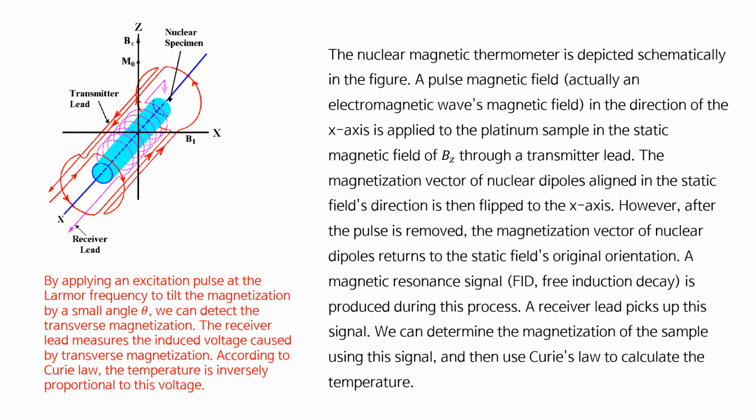The nuclear magnetic thermometer is depicted schematically in this figure. A pulsed magnetic field, actually an electromagnetic wave's magnetic field, in the direction of the x-axis, in this direction, is applied to the platinum sample in the static magnetic field Bz through the transmitter lead.